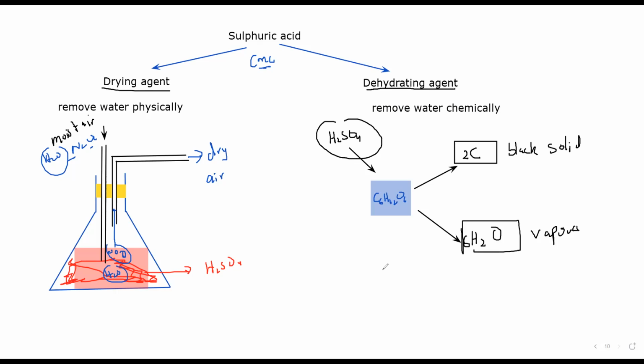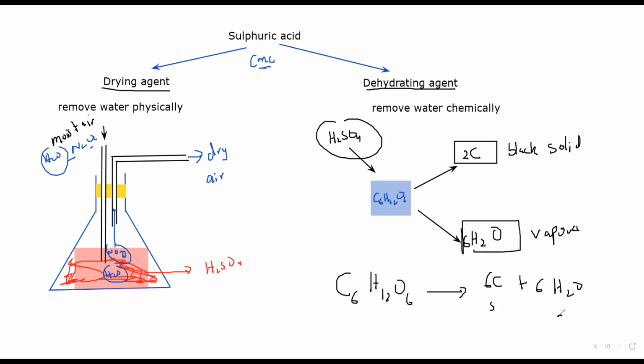If I want to write the equation for this reaction, I will not include sulfuric acid as a reactant or a product. The only thing that happened is that the glucose molecule decomposes into 6 carbon atoms and 6 water molecules. So this was solid.